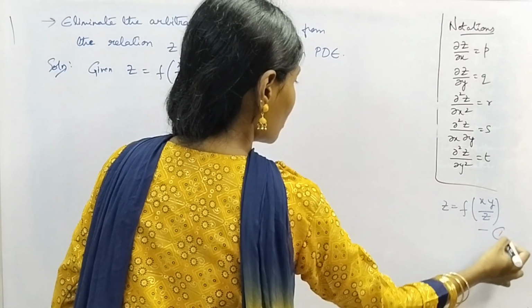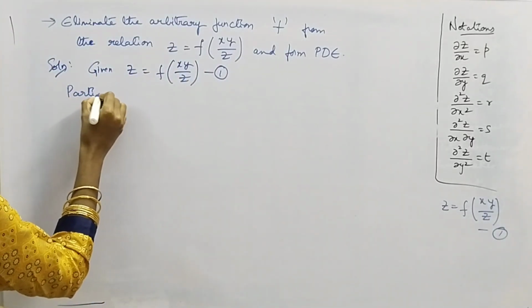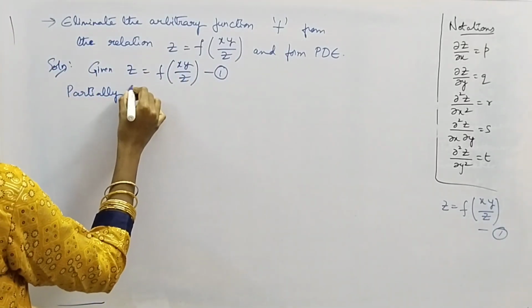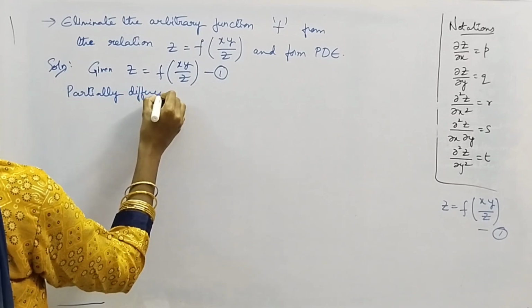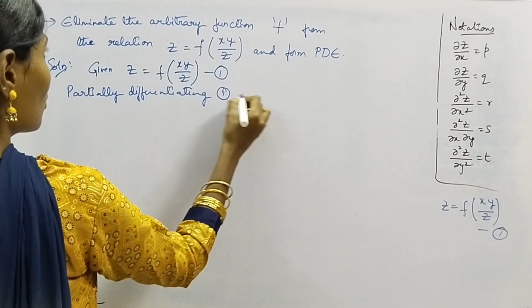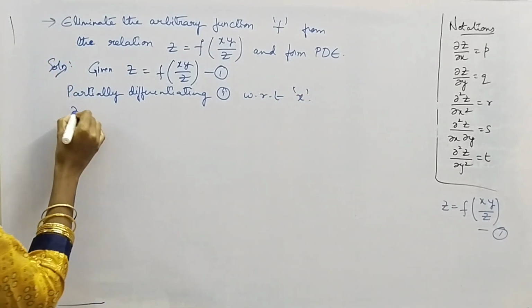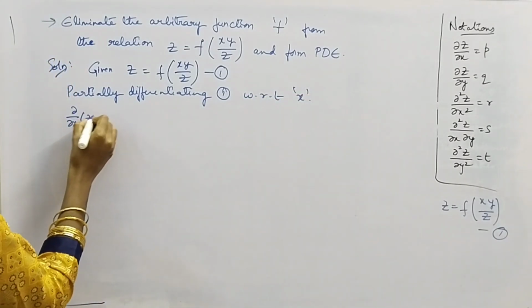Now let's partially differentiate it with respect to x. Partially differentiating 1 with respect to x, just apply dou by dou x on both sides of 1.